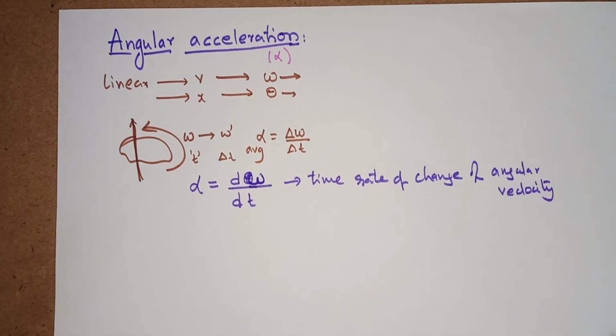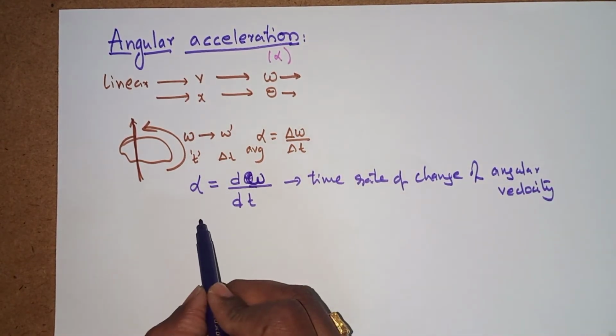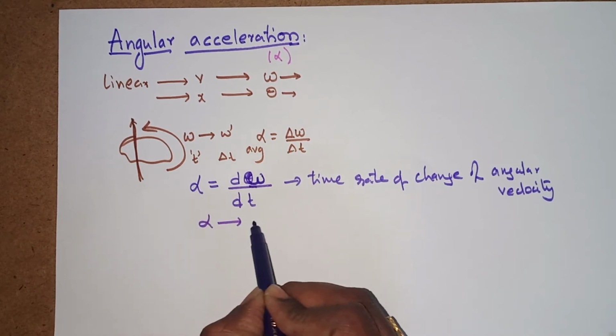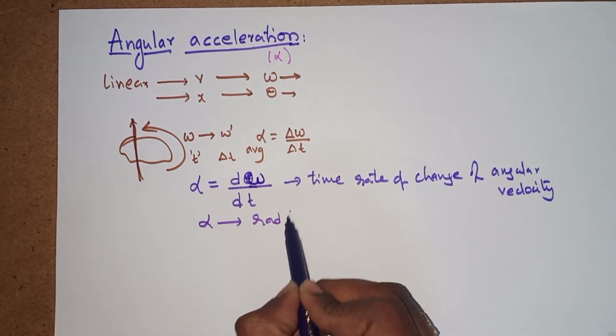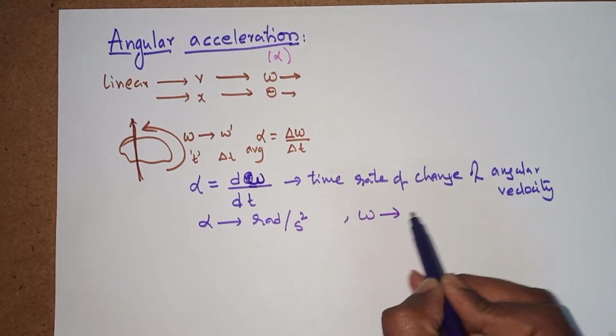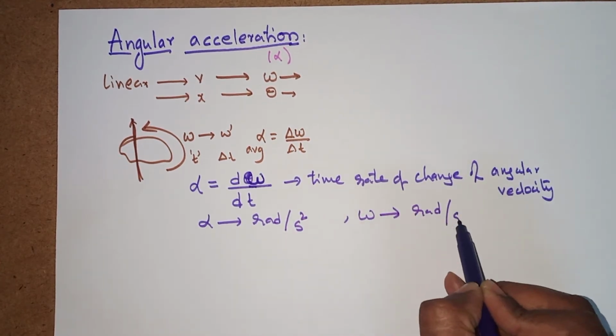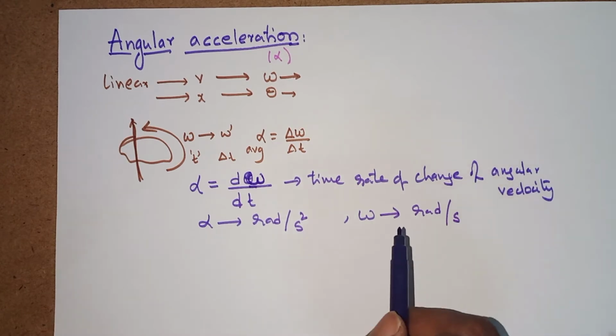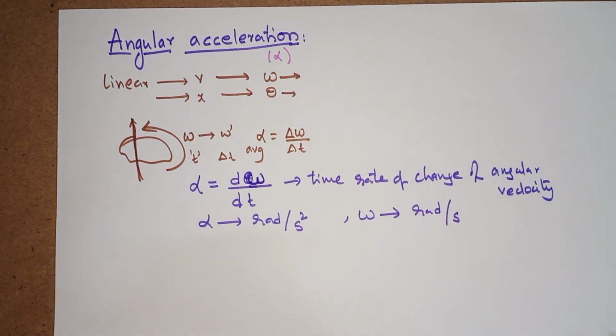You can expect that alpha has units of radians per second squared, where omega has units of radians per second. Now we will develop the kinematic equations as well.